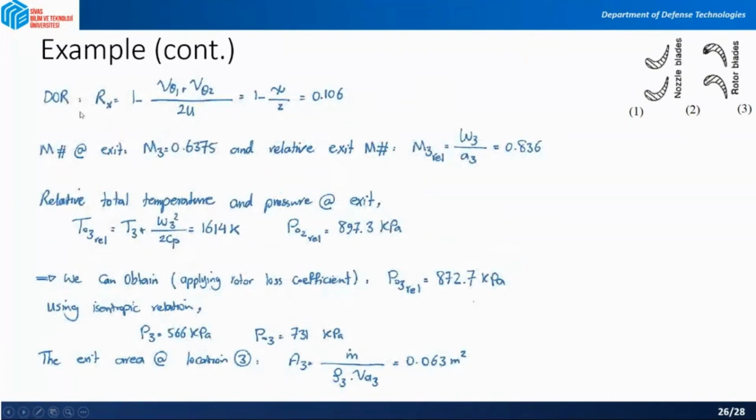The degree of reaction in this way is 1 minus (V theta 1 plus V theta 2) over 2U, or 1 minus psi over 2. So you will find the degree of reaction nearly 0.1. And the Mach number at exit will be 0.63, and the relative exit Mach number is 0.83.